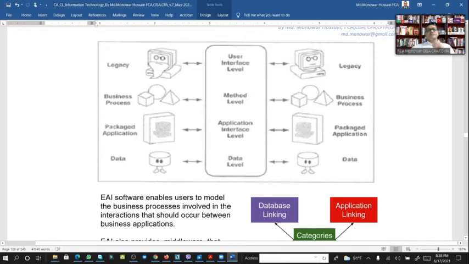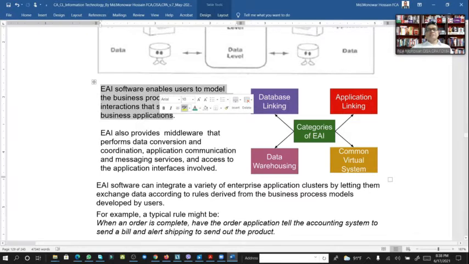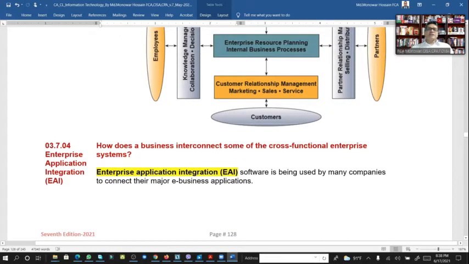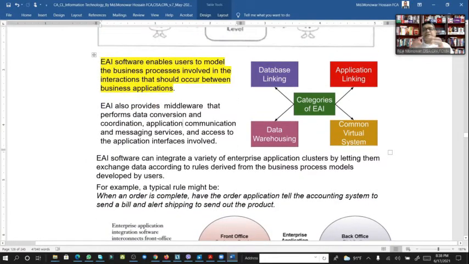The software works at different levels: interface level, application level, and data level, and EAI software enables a model of the business processes that should occur between the business applications. The categories of EAI, where EAI means enterprise application integration, are database link, data warehousing link, common virtual system link, and application link.